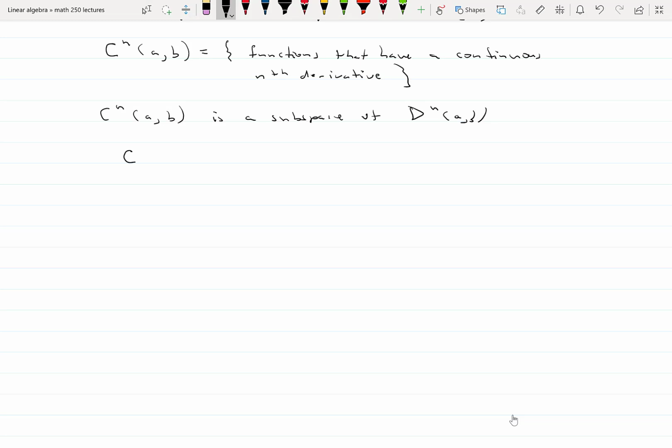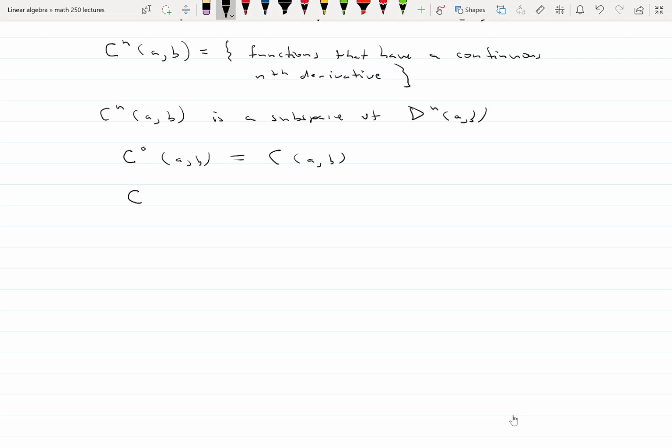What do you think then C0 is? It is the set of functions that have a continuous zero order derivative. Well, remember from Taylor series and Maclaurin series in Calc 2, the zero derivative is defined to be just the function itself. So that's just C of AB, the set of all continuous functions on AB.